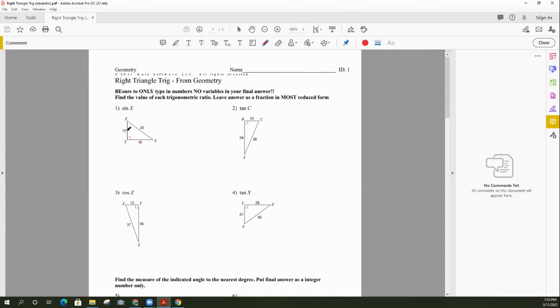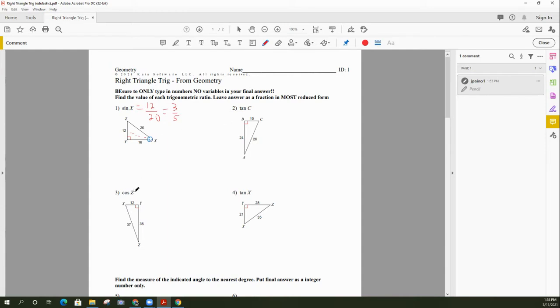So opposite of x is 12, and the hypotenuse is opposite 90 degrees, so that's 20. So sine x equals 12 over 20, which we want to reduce to 3/5.